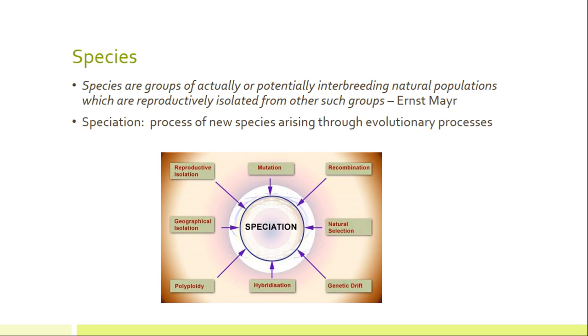But for a long time, and still one of the big accepted definitions, a species is a group of interbreeding individuals within a population, or populations, that are reproductively isolated from other populations. There are some real problems with this definition, and we'll talk about that in a little bit. And that is why we have the genetic component adding into this.